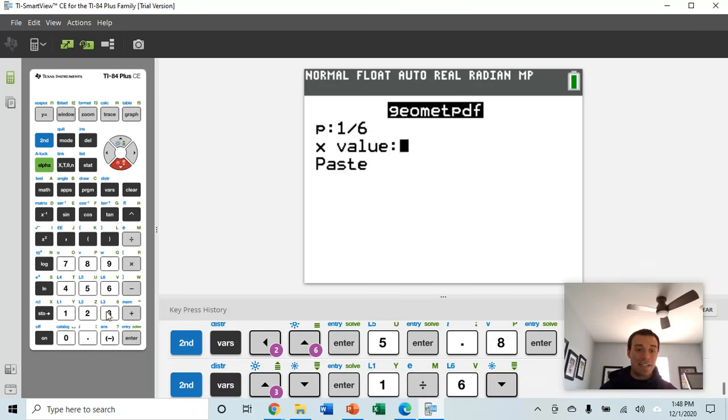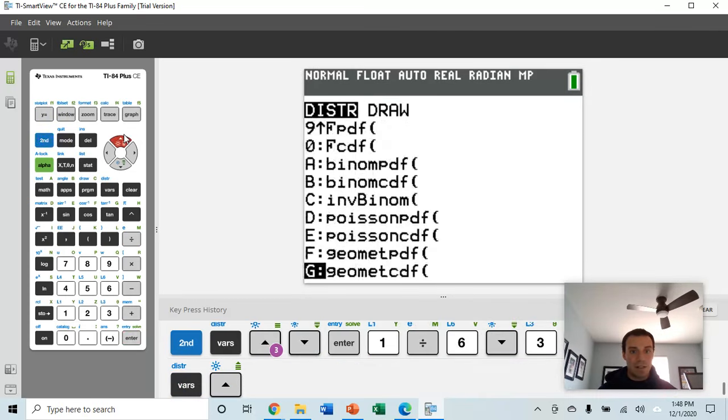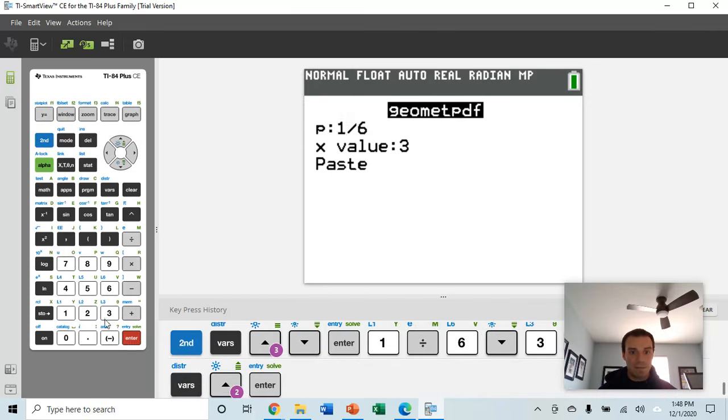And I'm saying that it's going to take exactly 3 rolls. Hit paste. The probability that it's going to take exactly 3 rolls, or that you'll get doubles on your third roll, is 0.116 or 0.1157.